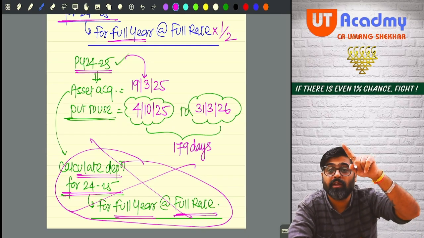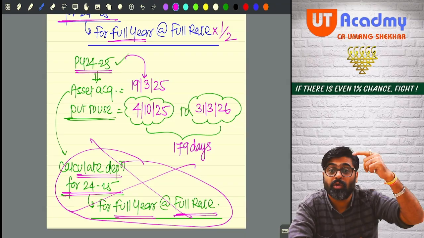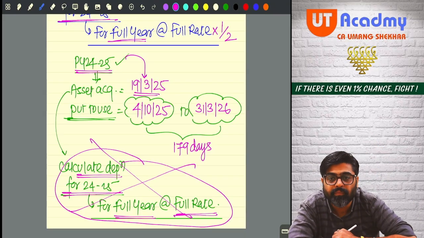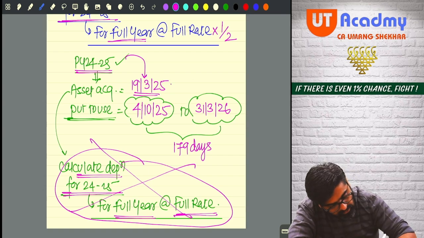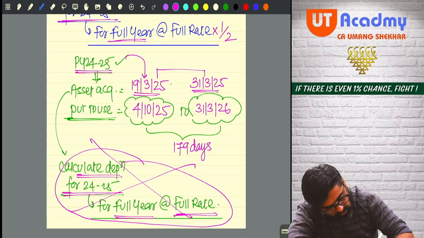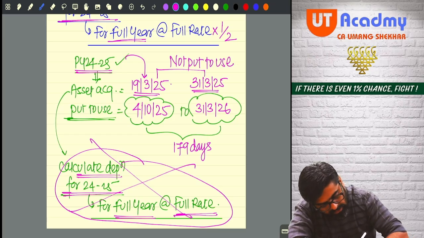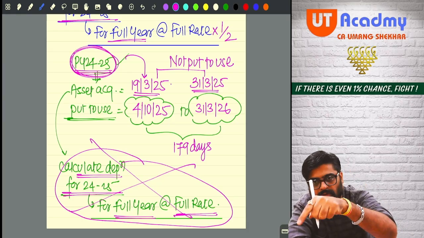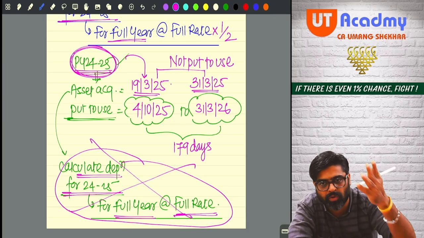Because the year in which you have acquired, 24-25, on what date did you acquire? So from this till 31st March 2025, the asset was not put to use. Not put to use at all. So the first year in which the asset was acquired, the asset was not put to use.